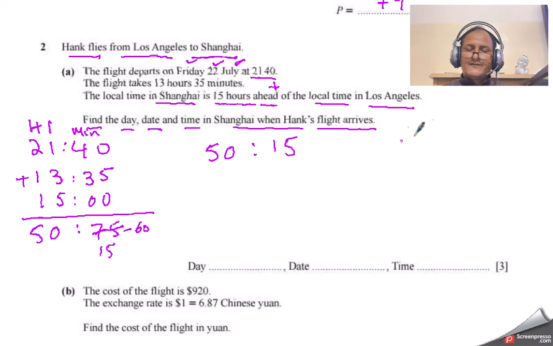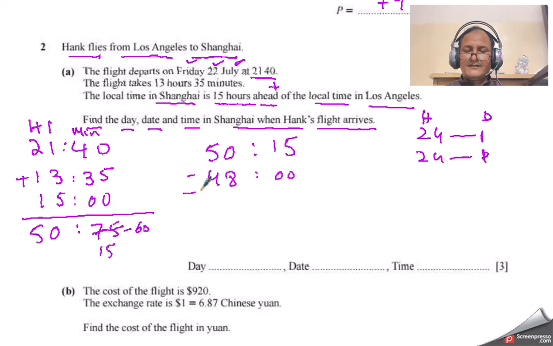With 24 hours we have one day, and for another 24 hours we have another day. It means 2 days is 48 hours. If we subtract, it is basically 2 days and 2:15.